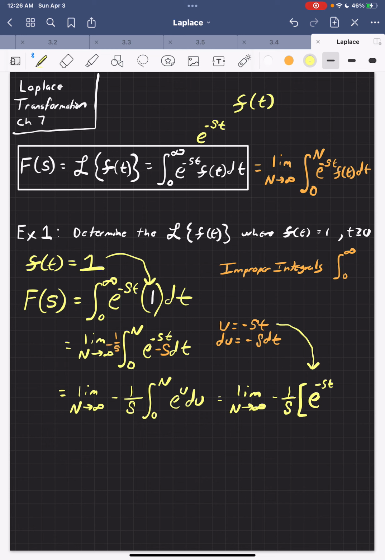All right, so at that point, we want to set this up. Now we're still going from 0 to n. At this stage, you probably can anticipate where this is going. It's now f of n minus f of 0.